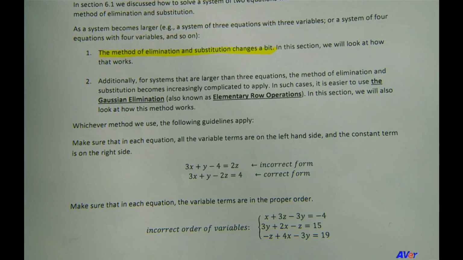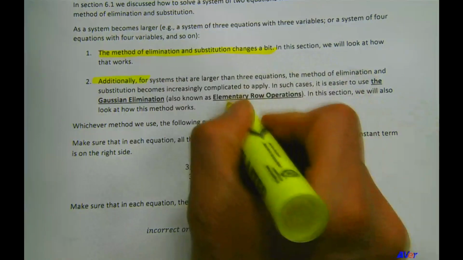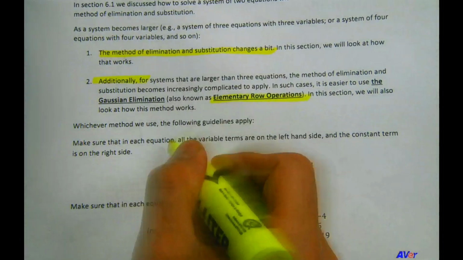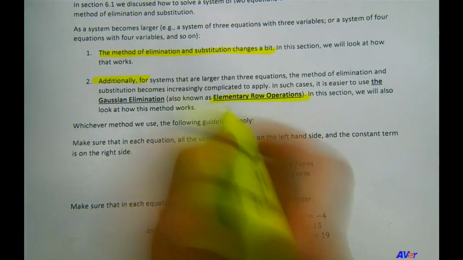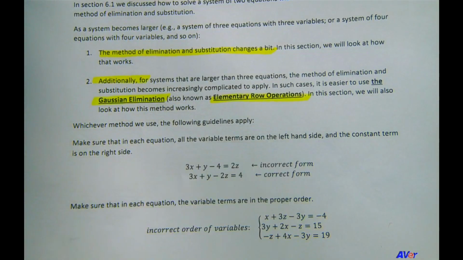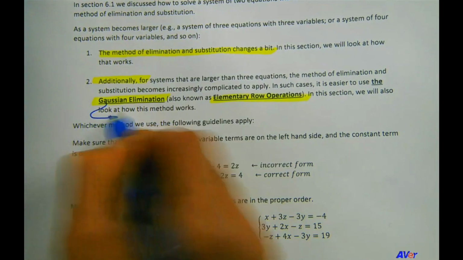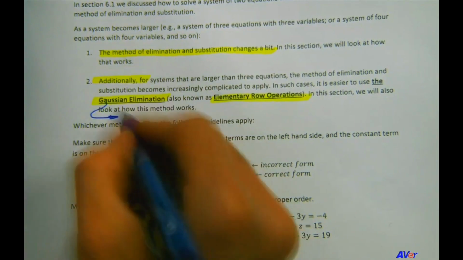All right, so now not only will that change, we will also additionally introduce a second very new method. As I mentioned, that method is called elementary row operations, or Gaussian elimination, or also a third name, the Gauss-Jordan method.